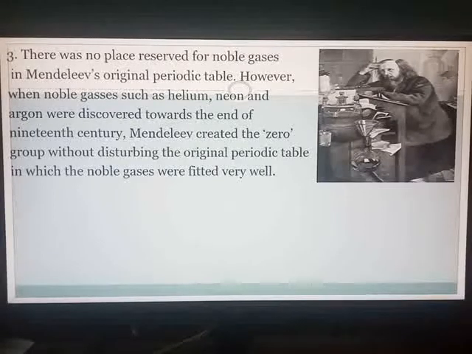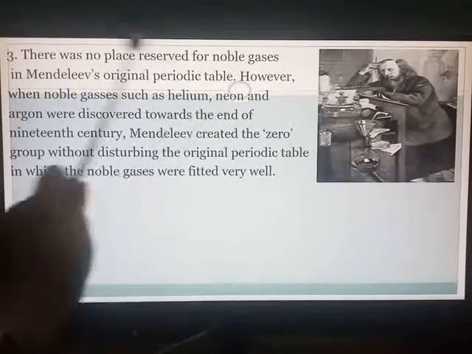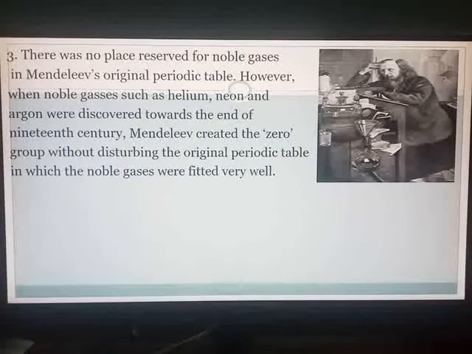But later on, when these noble gases such as helium, neon and argon were discovered, towards the end of the 19th century, Mendeleev created the zero group without disturbing the original periodic table, and in that zero group these noble gases were fitted very well, so the original places of other elements were not disturbed.